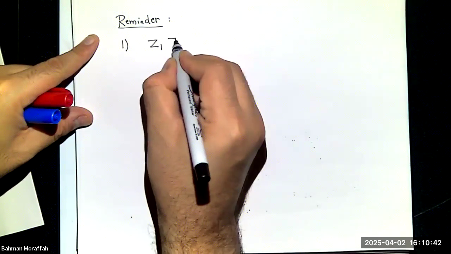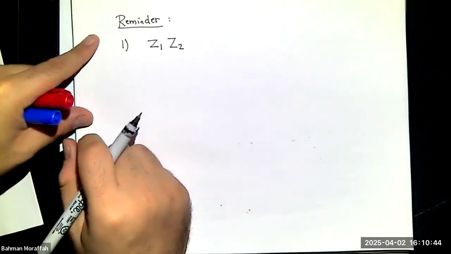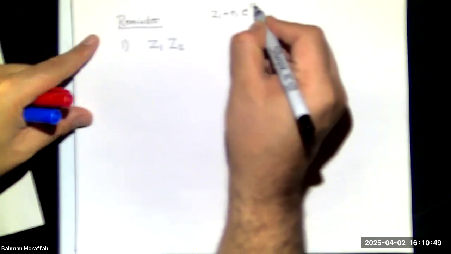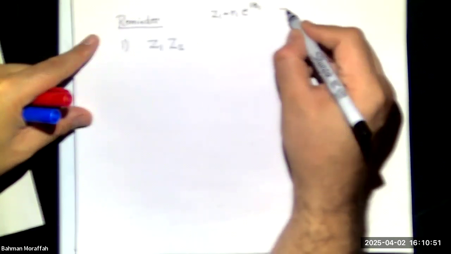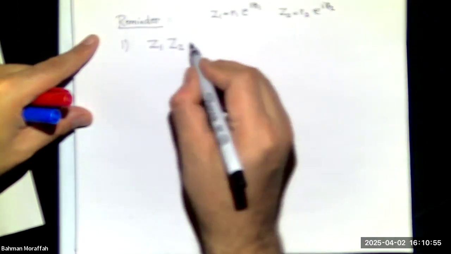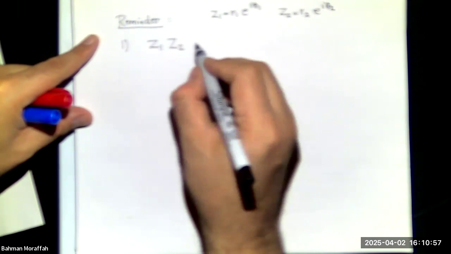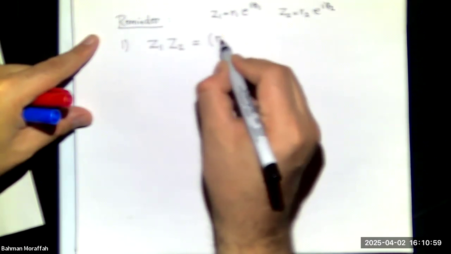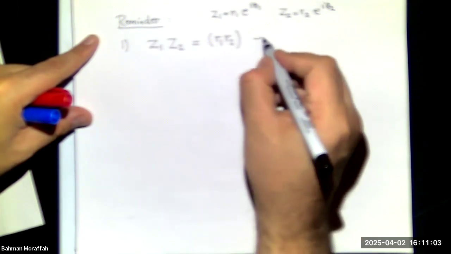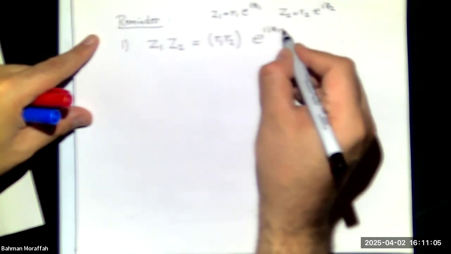If I multiply two complex numbers, let's say Z1 is R1 e to the I theta 1 and Z2 is R2 e to the I theta 2, I'm multiplying the magnitudes and adding the phases.